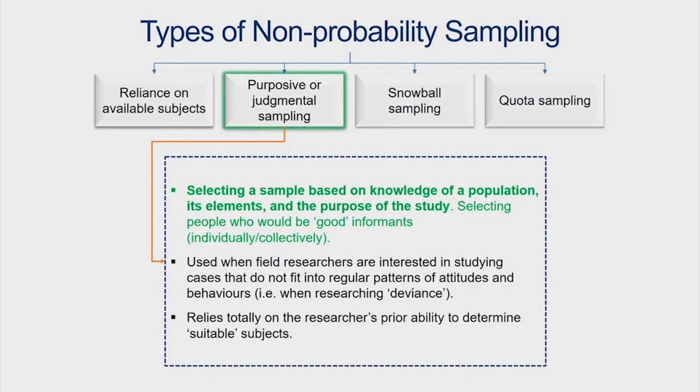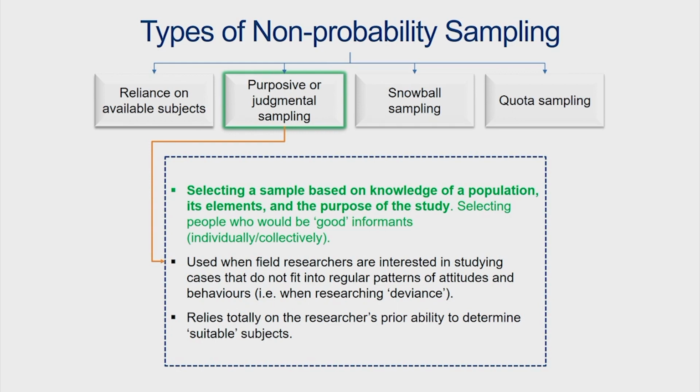Purposive or judgmental sampling is very frequently used in qualitative studies. This is basically when you are selecting a sample based on knowledge of a population, its elements and the purposes of the study. You know what the population is like, and then you choose a sample from them. So, you are selecting people who would be good informants.